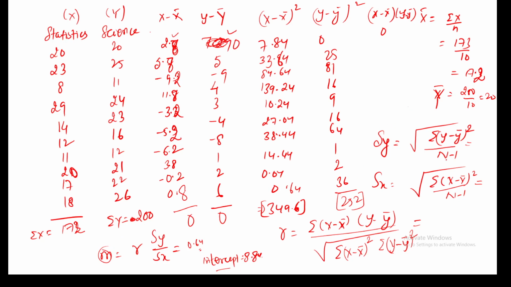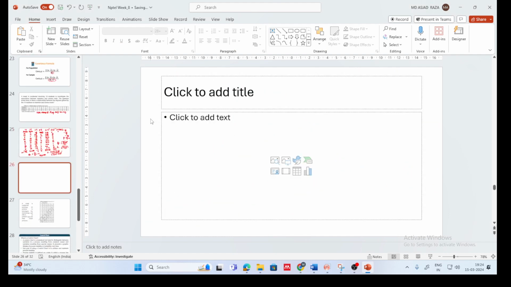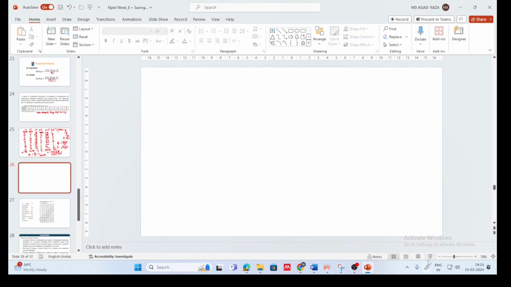So we'll calculate one more thing, r square. We have the formula for r square: 1 minus SSE by SST, 1 minus summation of y minus y cap whole square by summation of y minus y bar whole square.